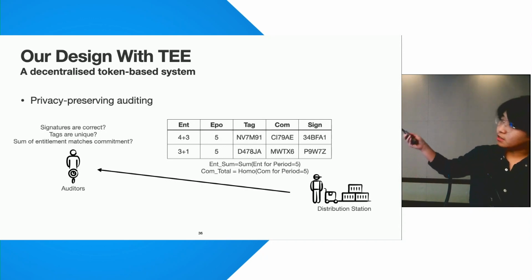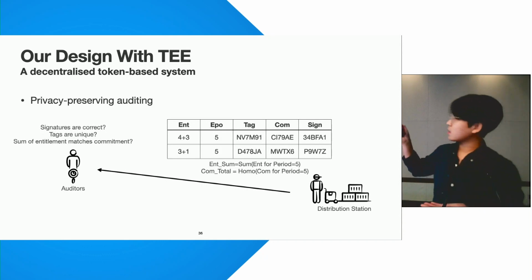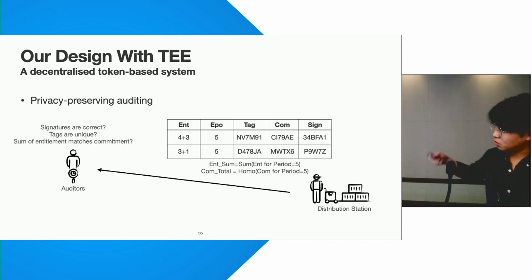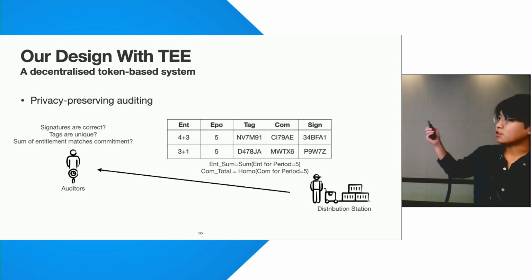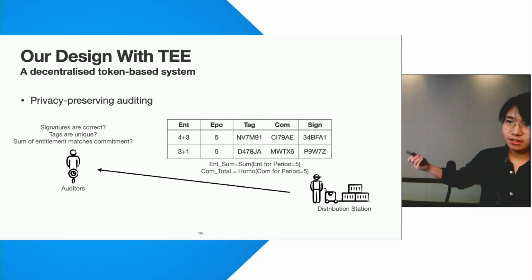In this scheme, we also use a homomorphic commitment scheme, so that the station will also be able to compute a commitment over the sum of the entitlement. Together with the records in this period, it will send this information together with the aggregated data to the auditors. The auditors can then check whether the signatures are valid, whether the tags are unique, and also whether the commitment is matched.